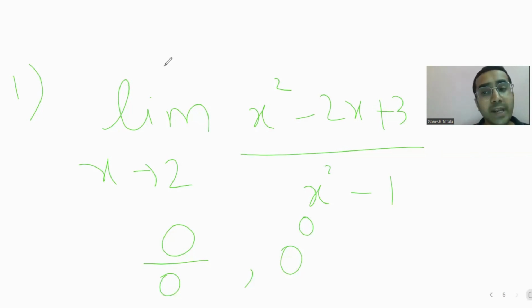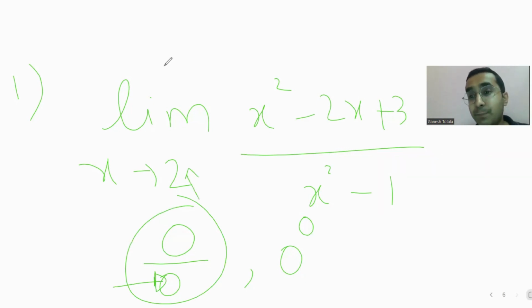So in order to take the limits, first we have to check whether we have 0 by 0 kind of indeterminate form or no. If we have it, then try to remove the factor from the denominator which is causing 0 in the denominator, because something upon 0 is infinity. We know that, but 0 upon 0 is itself not defined. So as I said, step number 1 is check if we are getting 0 by 0 after putting the limits.